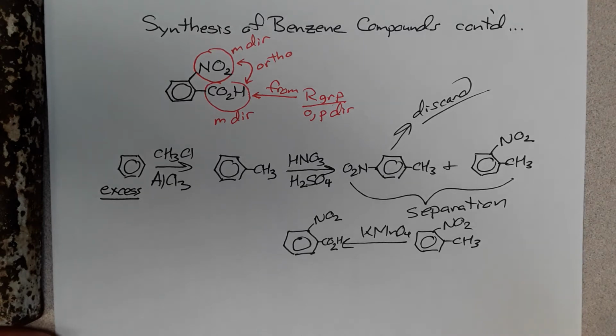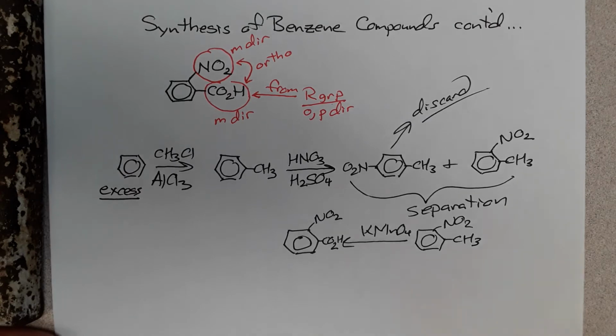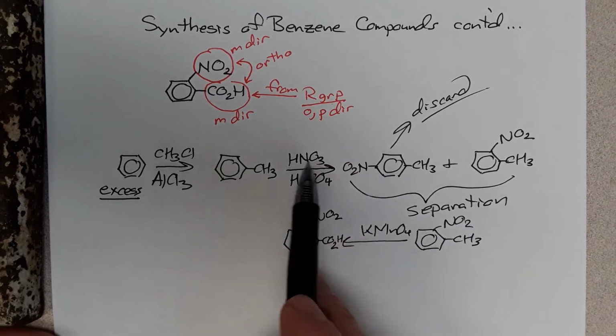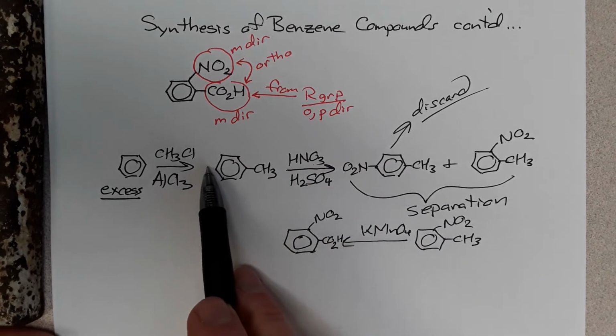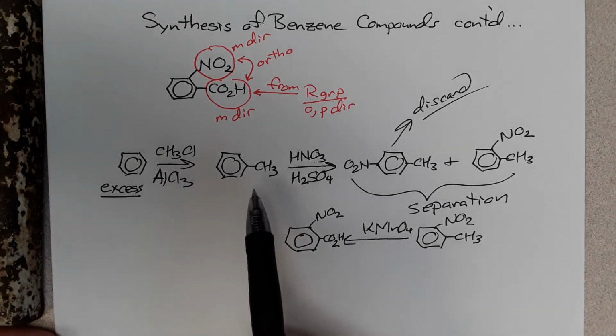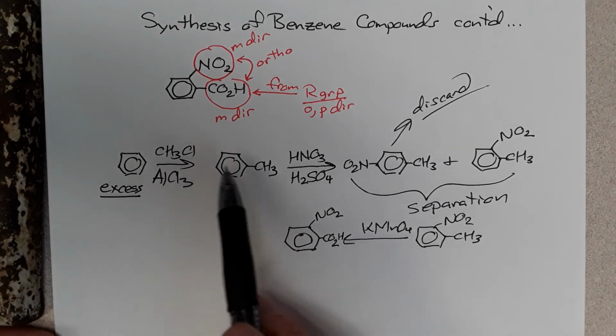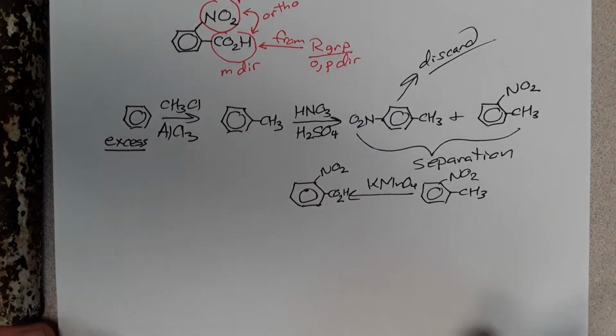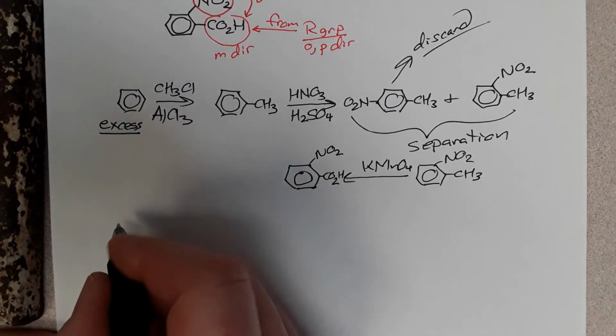You can block the para position. Then when you're adding nitric acid, if the para position is blocked, you'll only get it adding ortho. So how can we do that? How can we just block the para position and not the ortho position? Let's take a look at that.